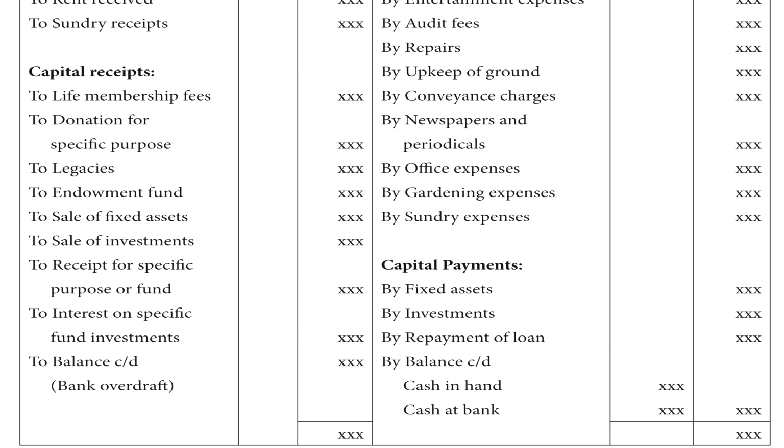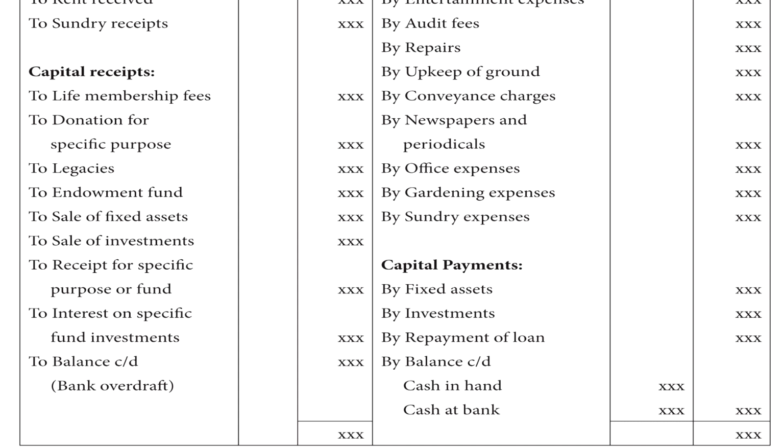Then capital receipts, and both should be entered: to life membership fees, to donation for specific purpose, to legacies, to endowment fund, to sale of fixed assets, to sale of investments, to receipt for specific purpose or fund, to interest on specific fund investments, to balance carried down, that is if it is overdraft.